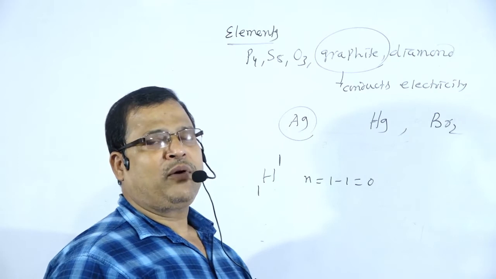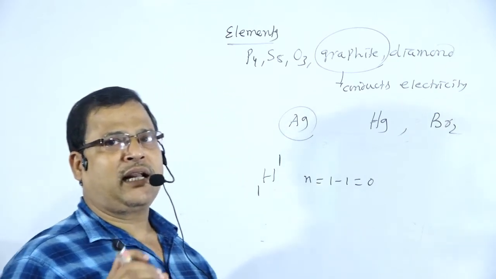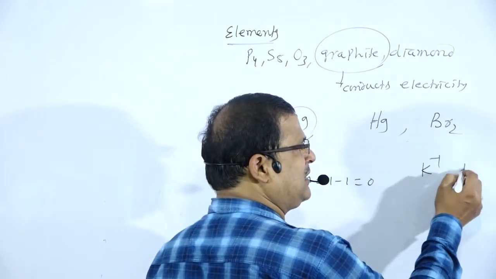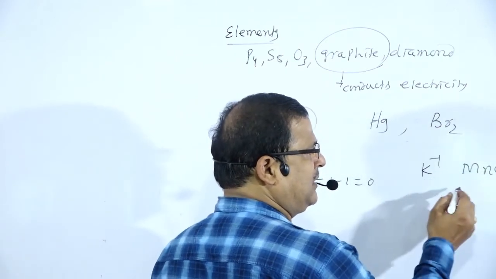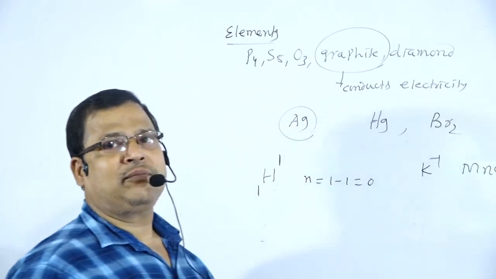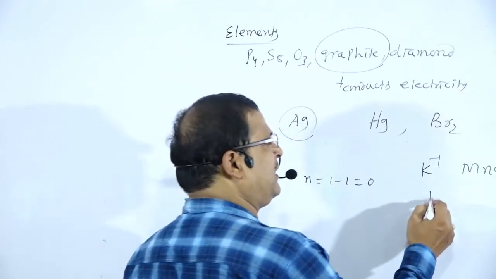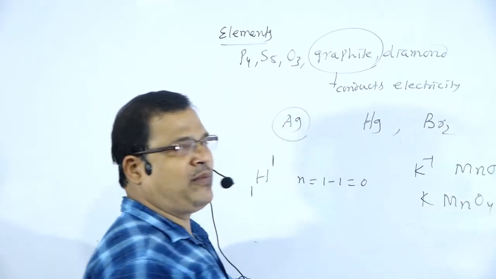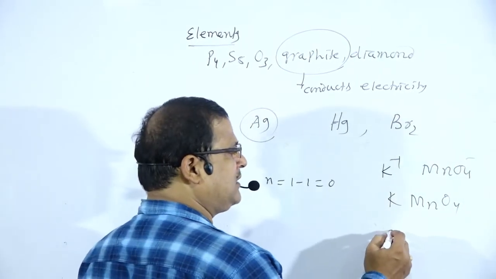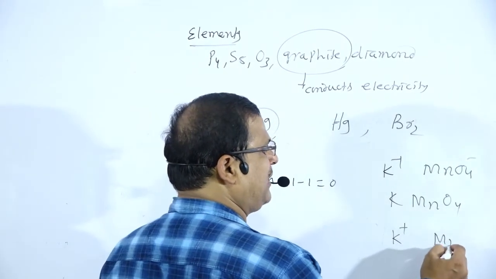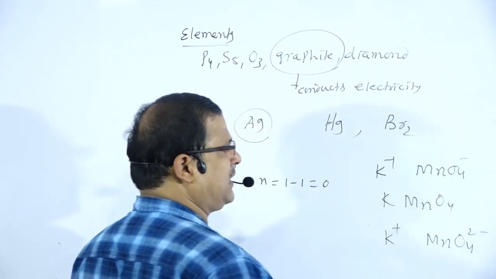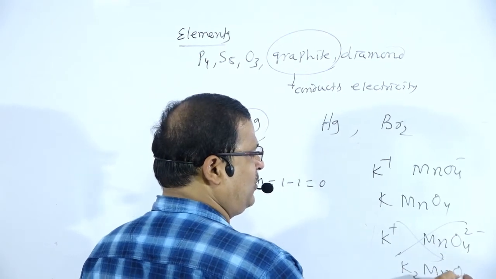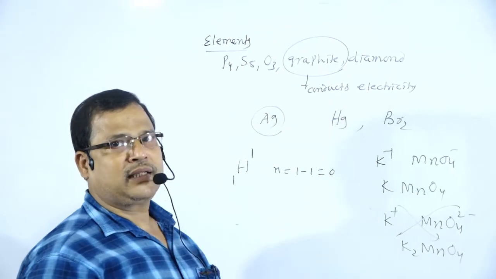Now compounds. We have already explained regarding the cations and anions. For example, potassium permanganate, K plus MnO4 minus, that is KMnO4, potassium permanganate. Potassium manganate, that is K plus MnO4 2 minus, K2MnO4, potassium manganate.